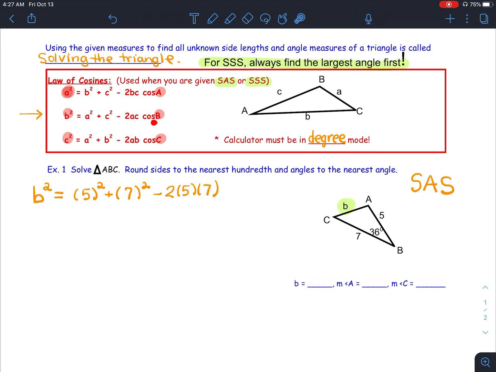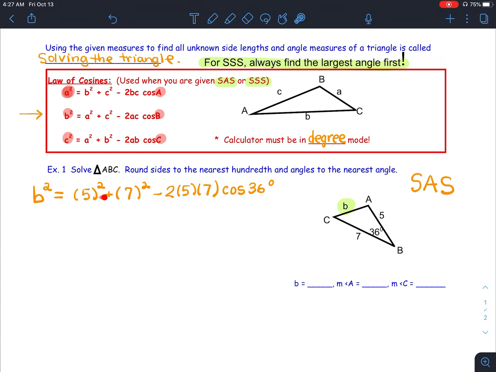Immediately after that is where you write cosine, and then it would be angle B. Now we know angle B in this problem, angle B is 36 degrees. So you're going to substitute 36 degrees in for angle B. Now what we're trying to solve for, remember, is side b. So you can see that's already almost on the left side by itself. Everything on the right side is all just values that you could plug into the calculator.